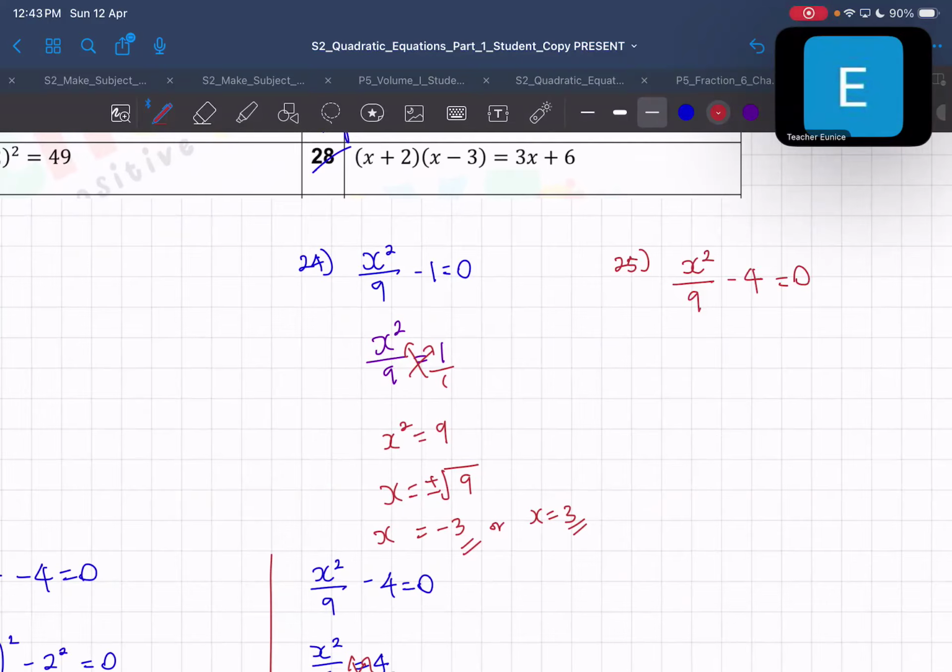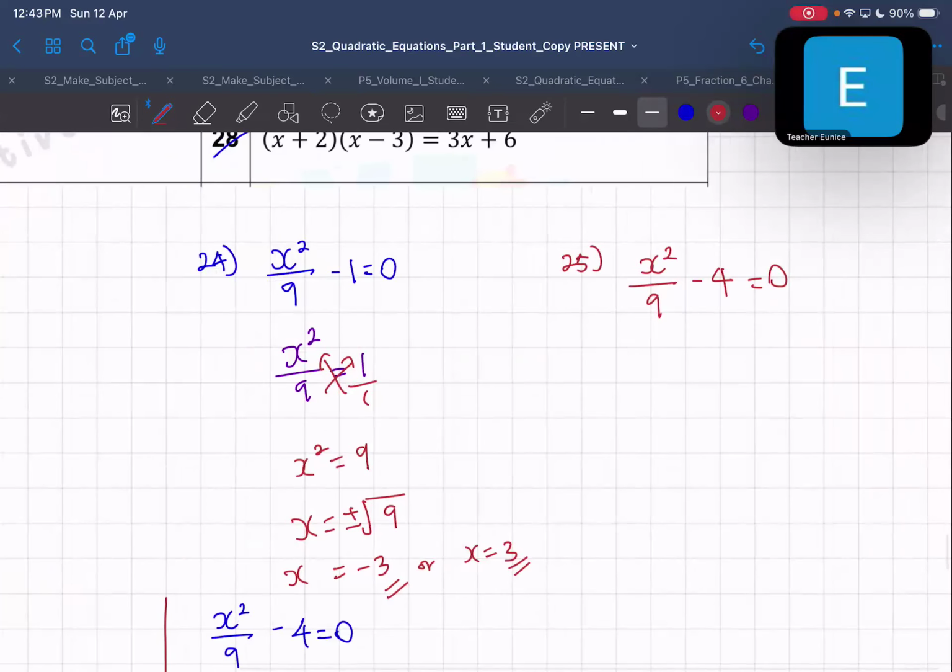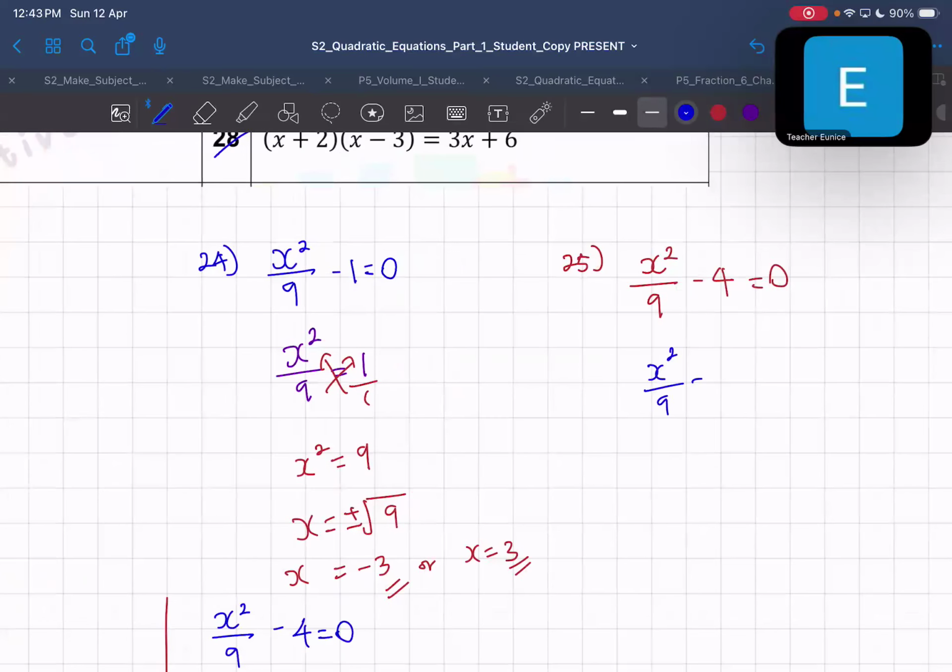Maybe I ask Sean, help me how to solve this one. How to solve? Bring what over? Term 4, right? Then what to do? Multiply. Become 9 times 4.